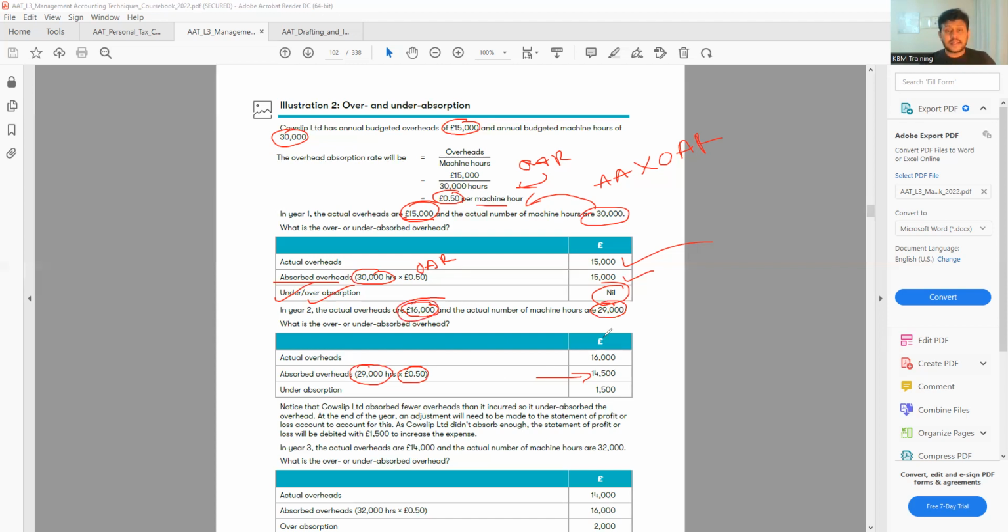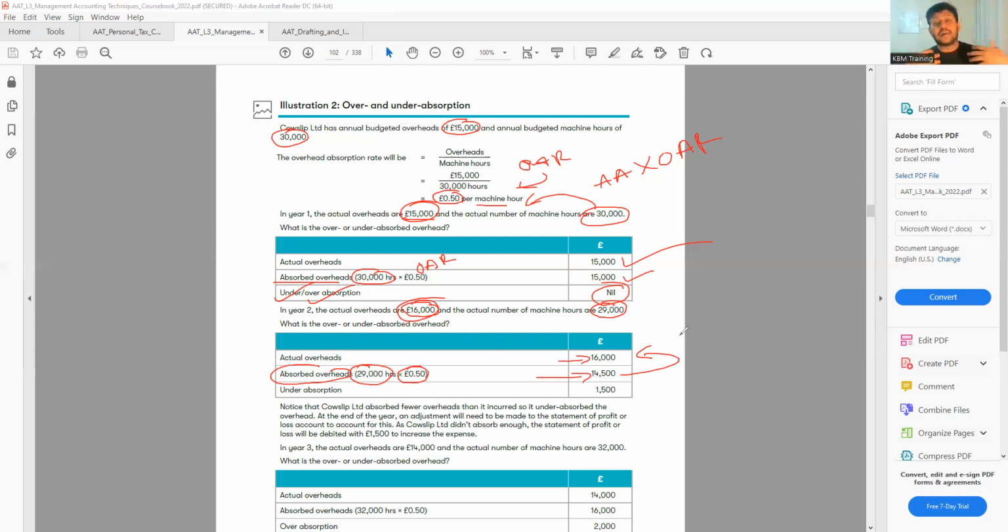As I said, do not look at the actual overhead and compare it with the plan. We absorbed overhead of 14,500 and the actual is more. Do not think the actual overhead is more than my plan, because we don't look at it that way.